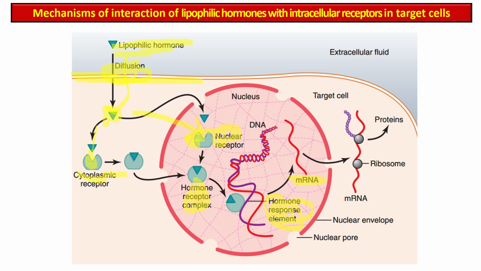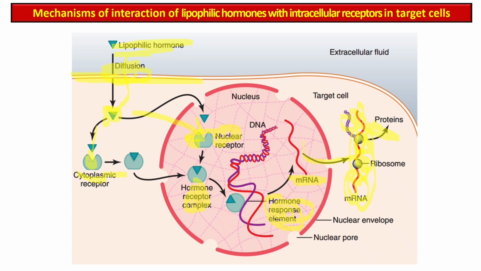There is an interaction that modulates the gene expression. It starts the transcription, and finally the messenger RNA is formed, and this messenger RNA then goes through the nuclear pore to the endoplasmic reticulum, and in the endoplasmic reticulum the messenger RNA will result in the translation process, and this translation process will result in protein formation.